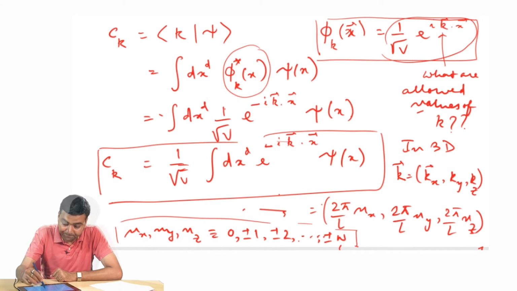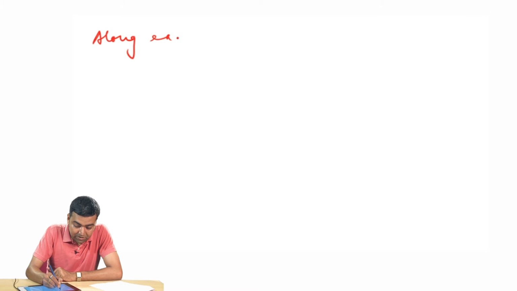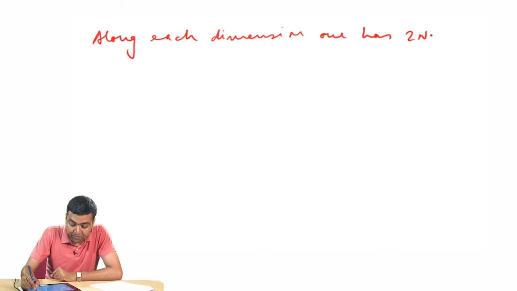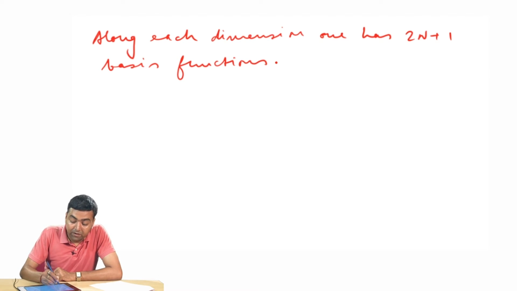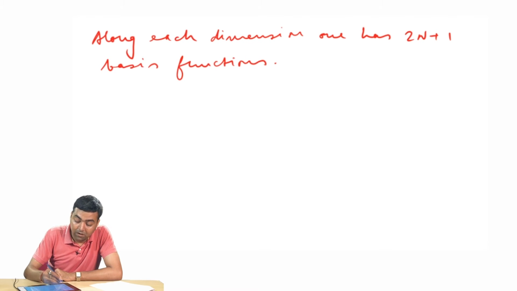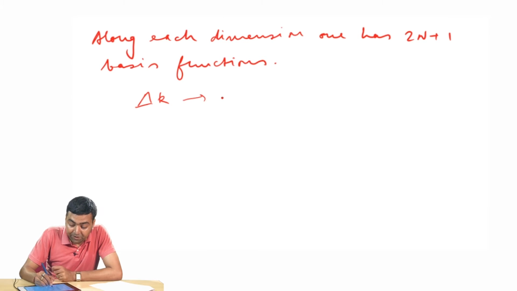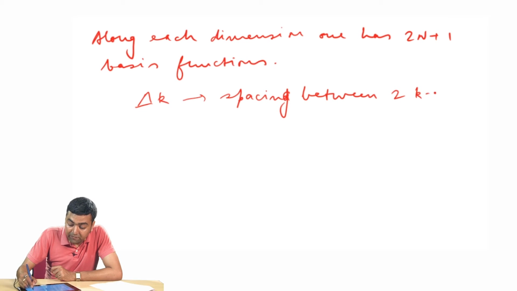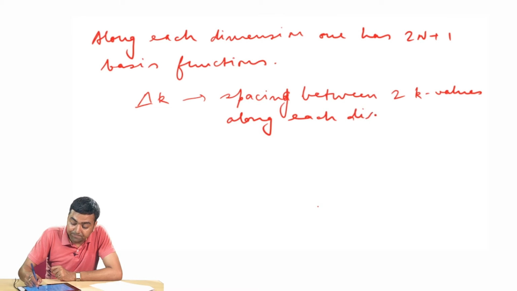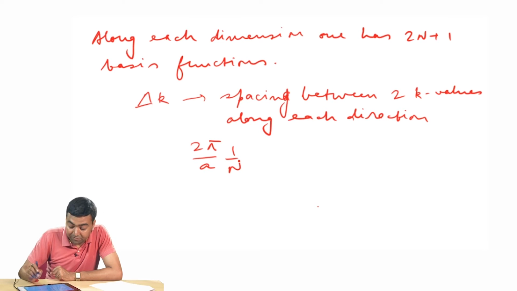What it means is that along each dimension one has 2n plus 1 basis functions, and this also implies that the delta k, that is the spacing between two k values along each direction, is given by 2 pi by a into 1 by n, right.